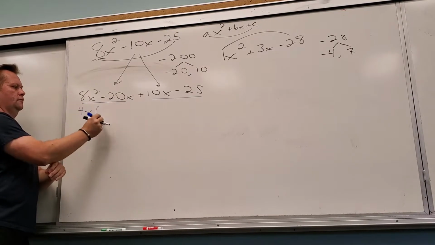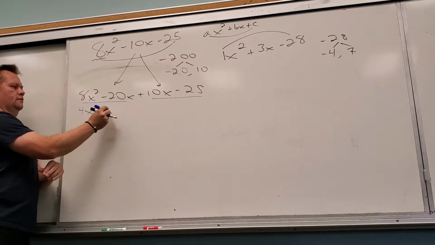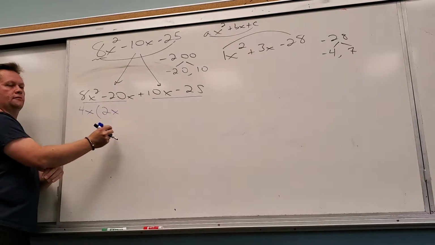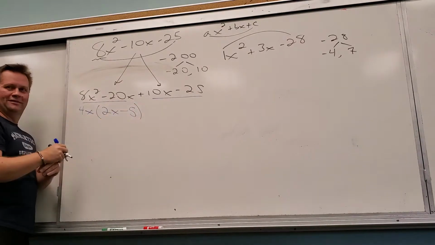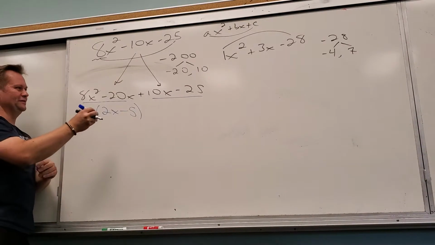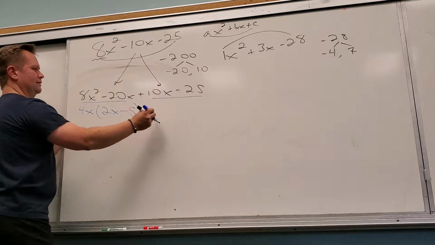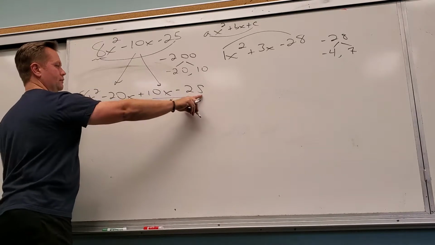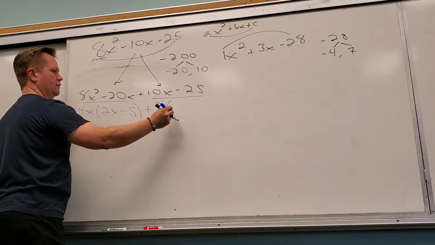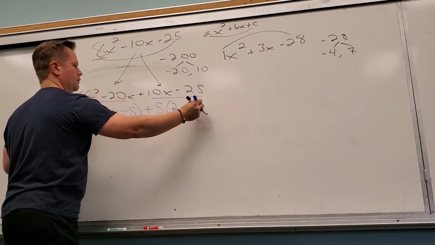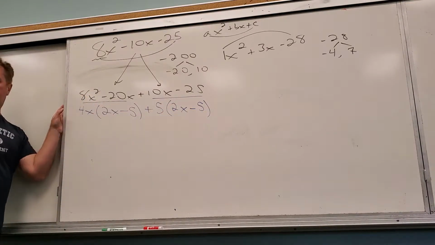X. 2x minus 5. Good job, Spencer. Plus 5x, no, just 5, times 2x. And what tells you you're on the right track?